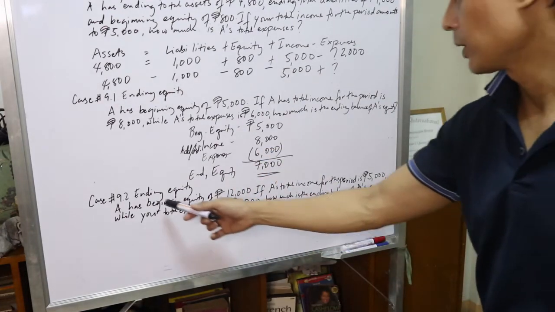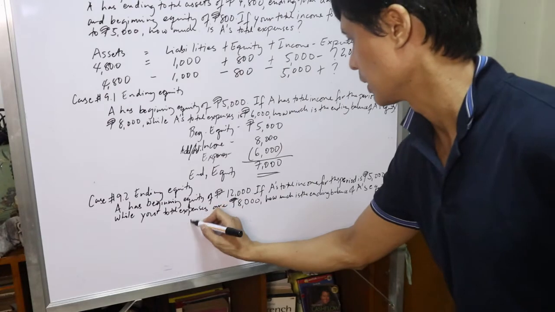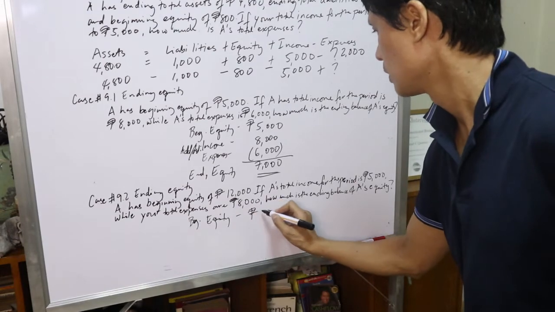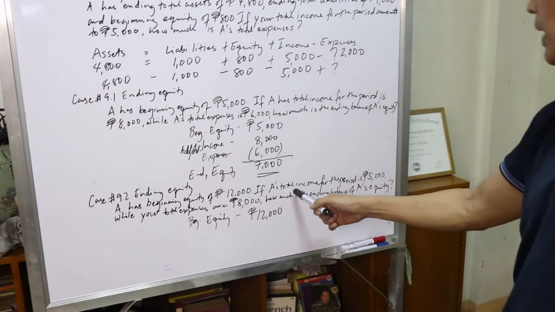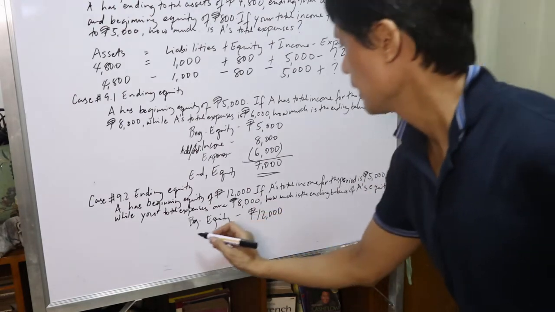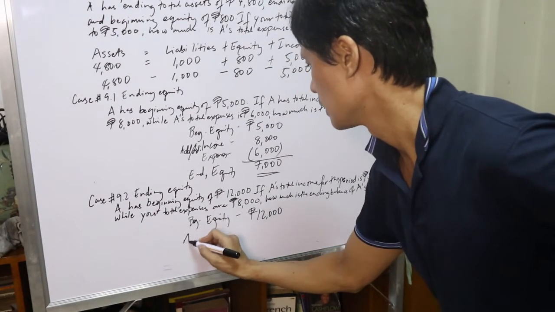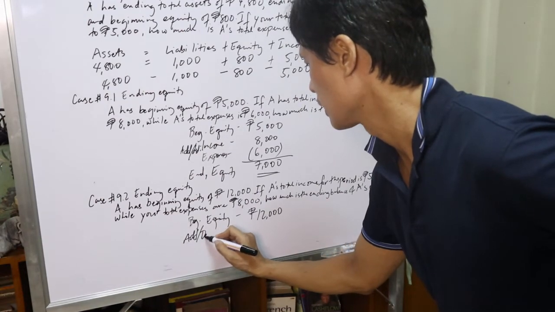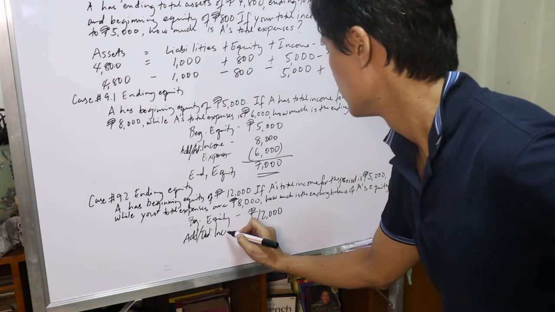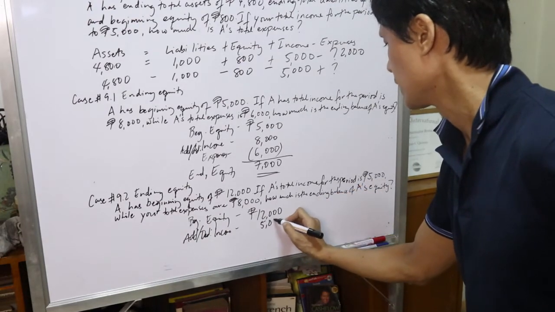Now let's go to the last one, yung 9.2. So ending equity, A has beginning equity of 12,000. So lalagay natin dito is beginning equity of 12,000. If A's total income for the period is 5,000, so lagay natin add deduct ulit, add slash deduct, income for the period is 5,000, so positive yan.